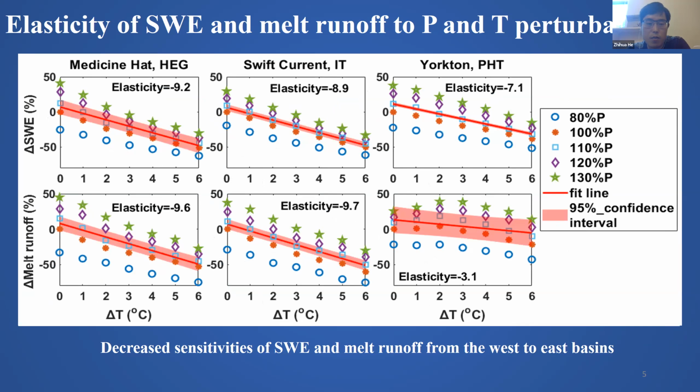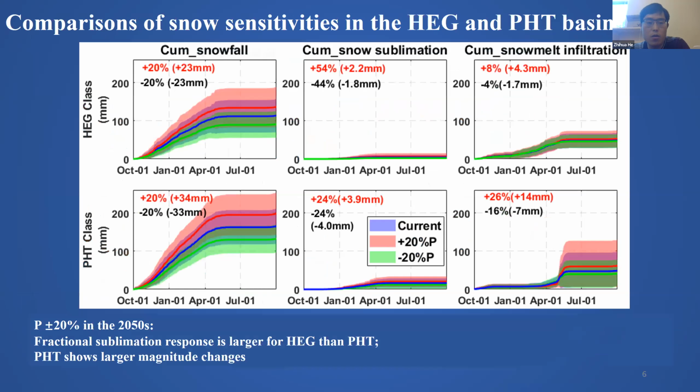And in this figure, the x-axis is the degree change in temperature. In terms of the slope, we can see the decreased slope from the west HEG class to the east PhD class. Also, I compared the sensitivities of other slow processes like sublimation and infiltration.